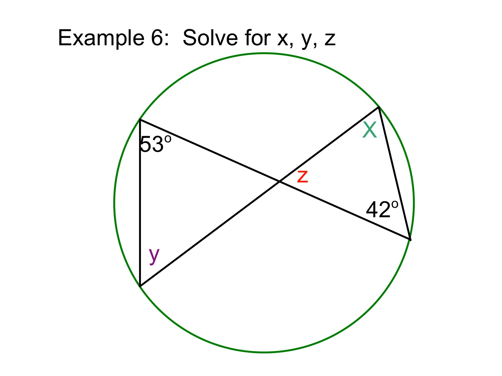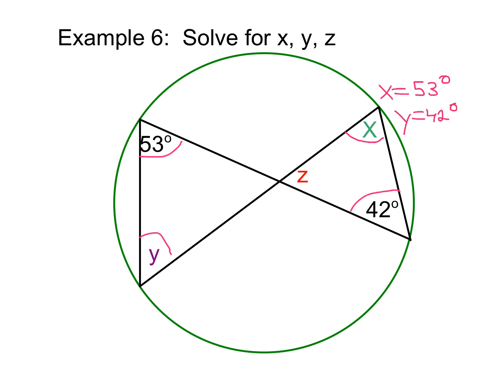And so when we do this, we end up with the angle x up here being equal to the angle over here, 53 degrees. So angle x is going to be equal to 53 degrees. And the angle y down here being equal to this angle down here, 42 degrees.